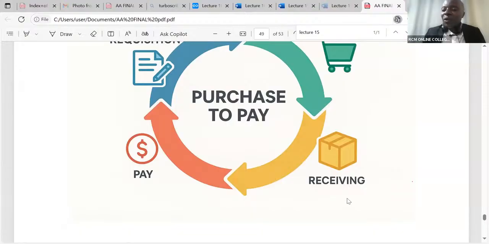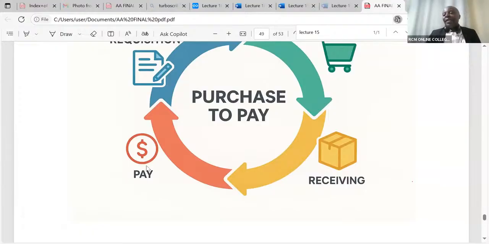Now, remember this GRN, the goods received note, is what will be given to the finance department. When this GRN is given to the finance department, we expect the supplier to raise an invoice.